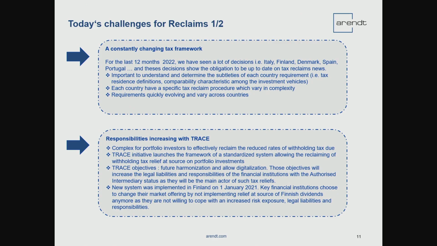But that means we shift the responsibility for relief at source from the asset manager to the financial institution. They will get an authorized intermediary status and will have to make sure they collect the documentation from the funds so that they can benefit from the relief at source.